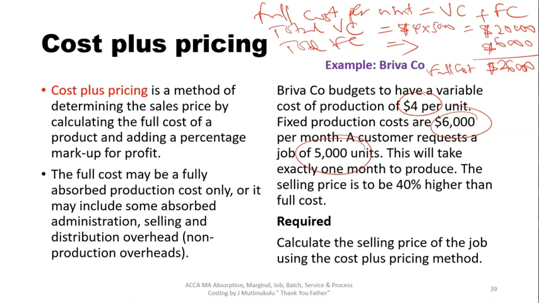And then we are told the selling price is to be 40% higher than the full cost. So that means we have to multiply this by 1.4. 1.4, ladies and gentlemen, is equal to 140 over 100, because we have to add 40%.